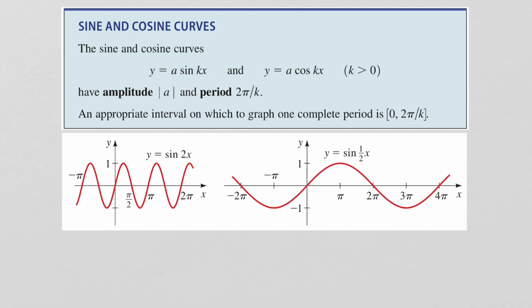So here we have a basic summary of what I just said. If you have the sine and cosine curves, y equals a times the sine of kx, or y equals a times the cosine of kx, assuming that k is a positive number, the amplitude is going to be the absolute value of a, and the period will be 2 pi divided by that number k.